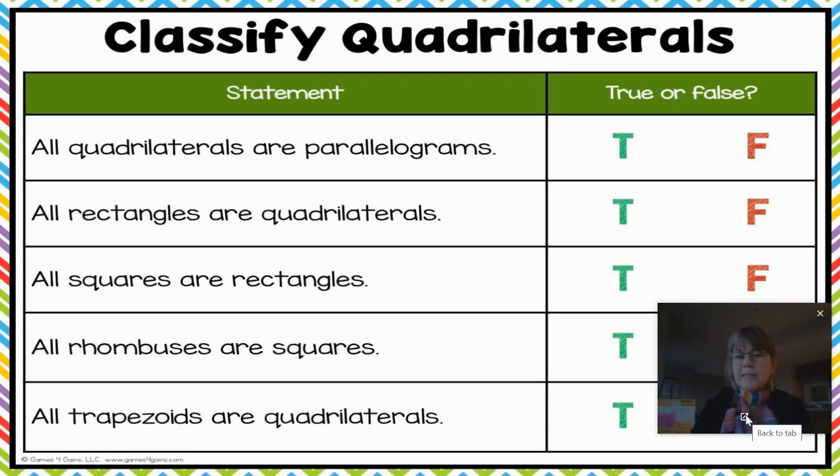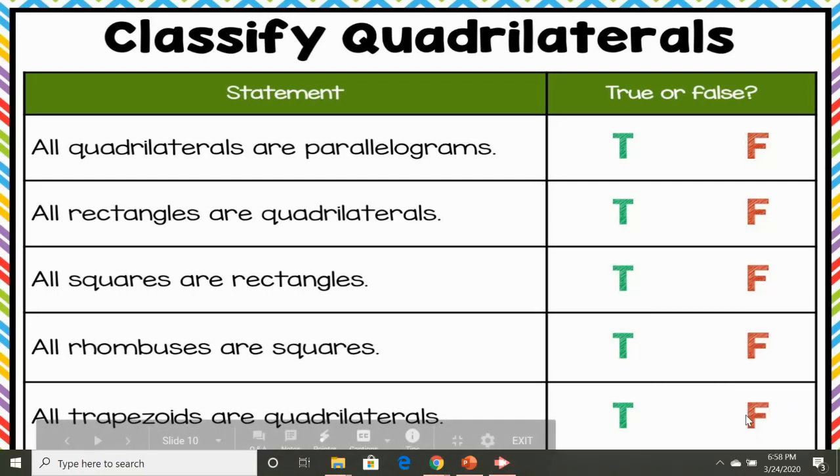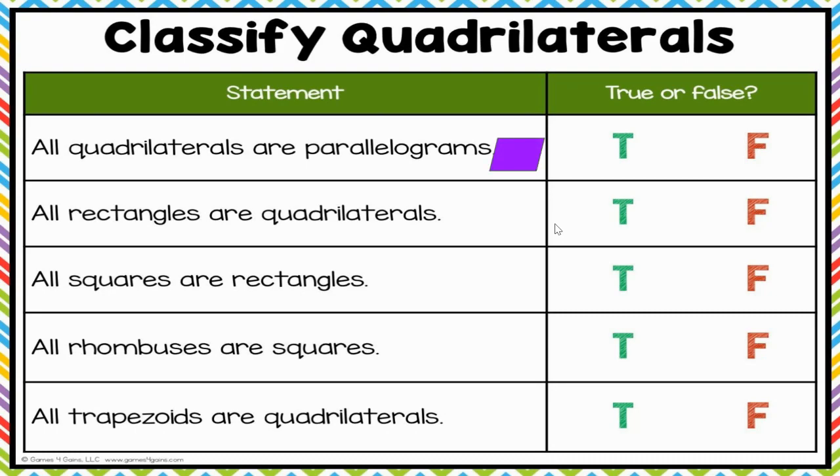I'm going to disappear myself. Here we go. All quadrilaterals are parallelograms. There's a parallelogram. All of them. All quadrilaterals are parallelograms? Well, those trapezoids were not parallelograms, so that's false.